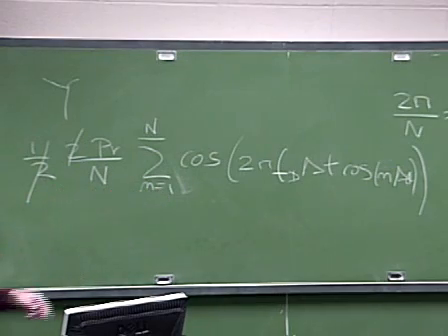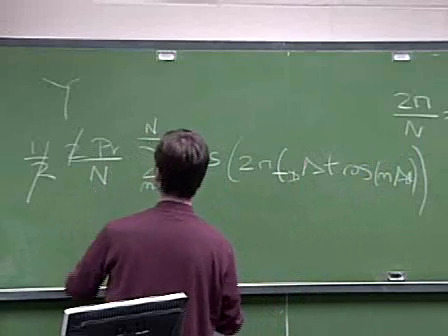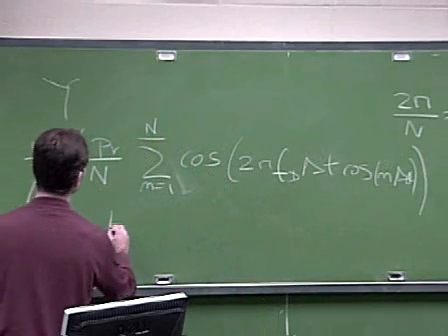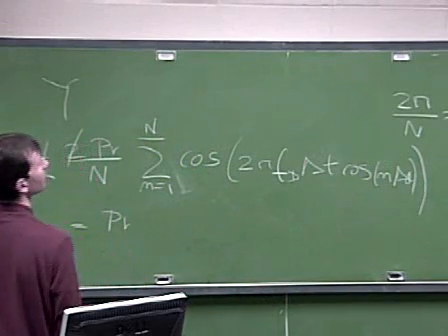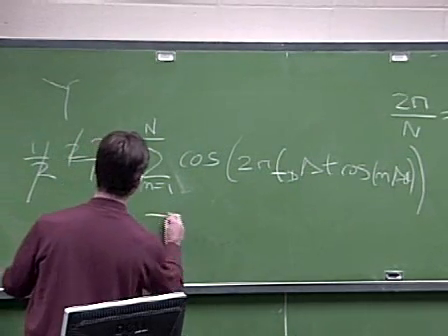Okay, and now we can take this equation and plug it over here. We get P_R, and here we have 1 over N, divided by 2 pi, sum.